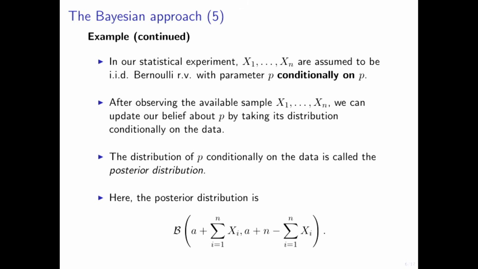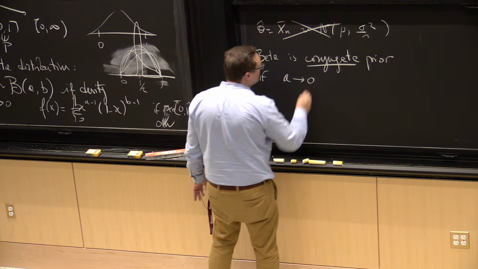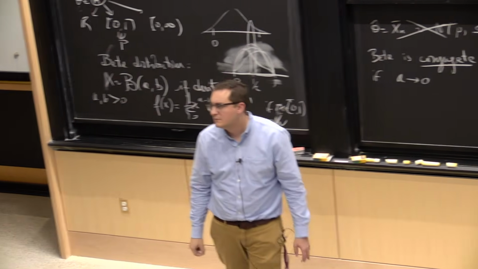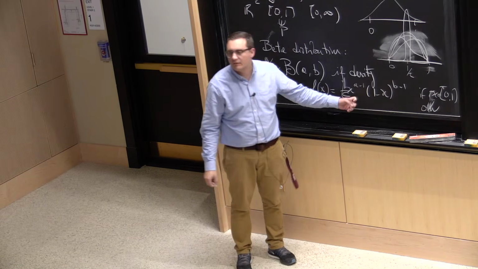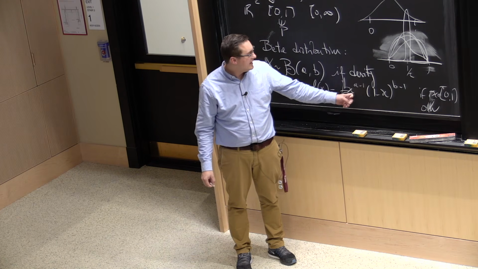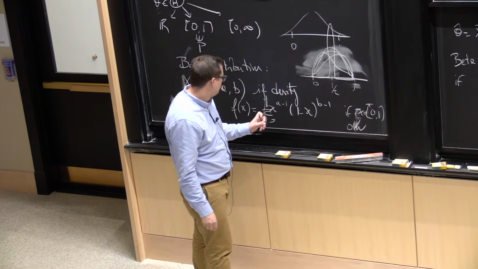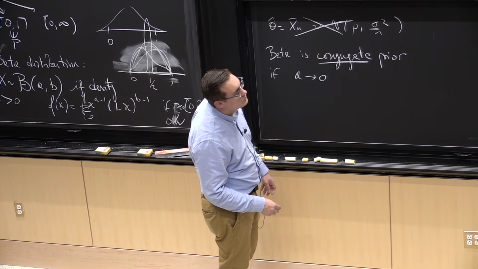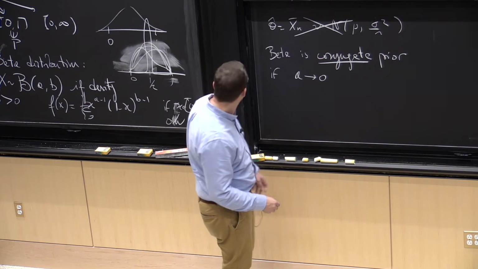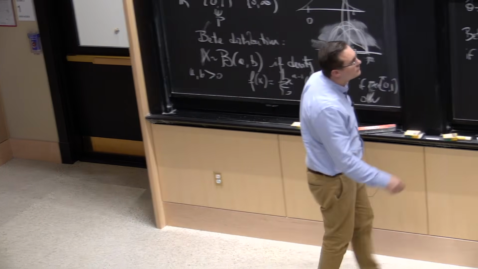If A goes to 0, what is the beta when A goes to 0? We can actually read this from here.